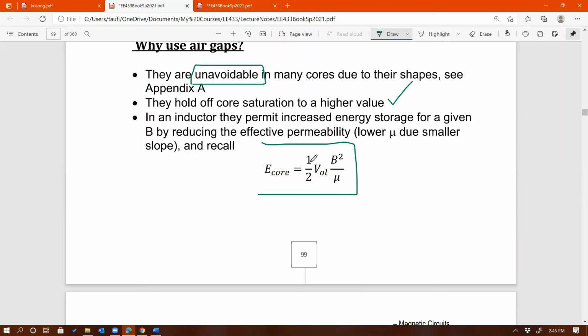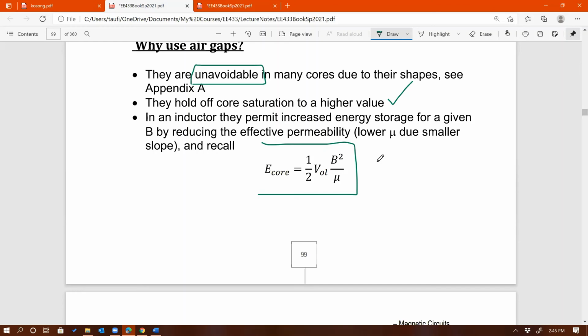There's more reasons why we want to add air gaps, such as the flyback transformer. In a flyback transformer, we want the transformer to store energy, almost like an inductor. So for a flyback transformer, we deliberately add air gaps. Why?